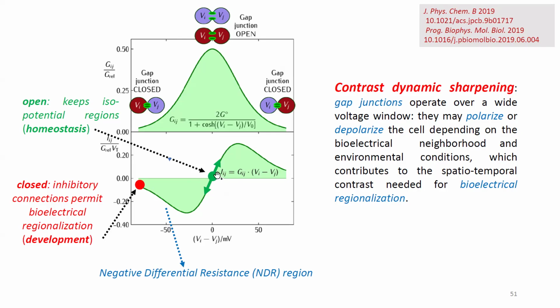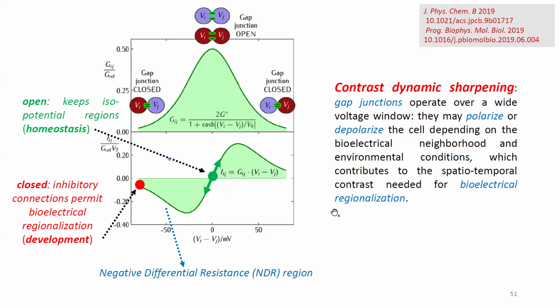However, and this is very important, the connexins show this negative differential resistance region, which allows closing the gap junction when the deviation from isopotential neighboring cells occurs. This means that in principle we have the needed inhibitory connections that should permit bioelectrical regionalization as shown in developmental experiments and show this contrast dynamic sharpening. So in principle, we have the ingredients from the point of view of single cell parameters and from the point of view of neighboring cells to put forward a model.